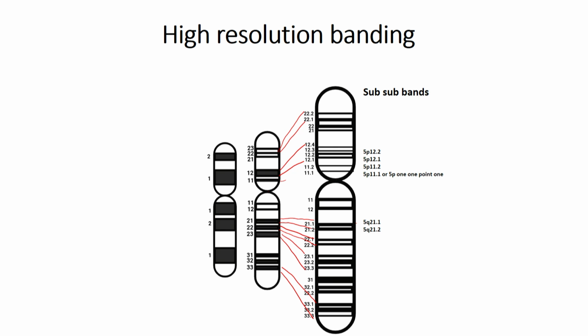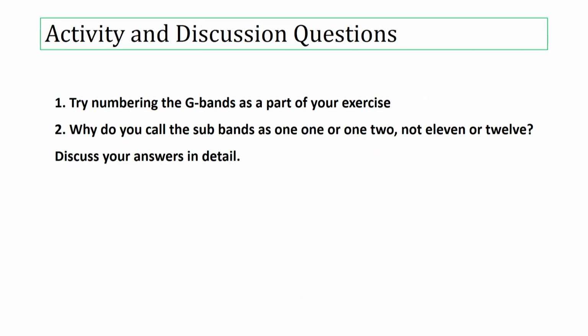It is to know, if suppose there is some abnormality, exactly which region has the abnormality. Whether we can go to the level of gene and say these possible genes are not there, and that is why this kind of high resolution banding has been done. So this is very, very useful, and with this I will go to the activity and discussion.